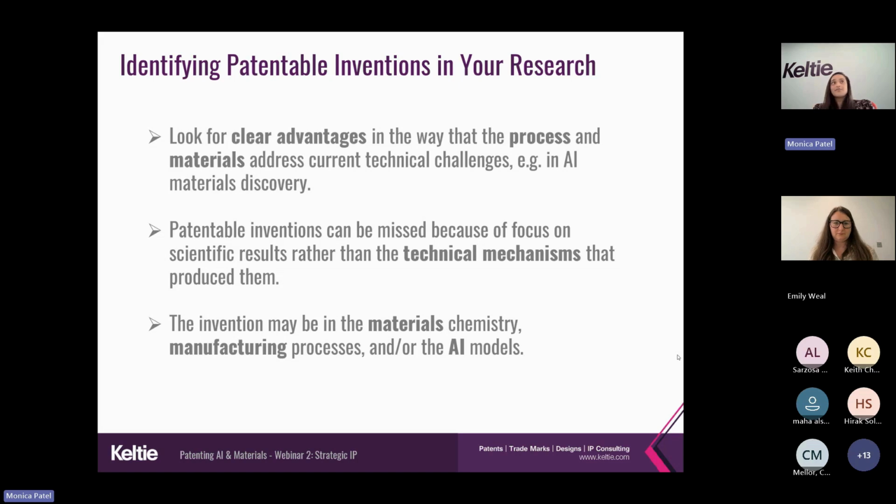And there are often patentable inventions within those technical mechanisms. And finally, the invention could be in different areas of what you're doing. So it could be in the materials themselves, in terms of the composition and structure of materials, the manufacturing processes, or the AI model itself.